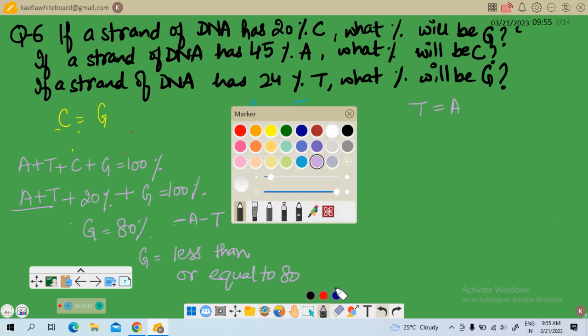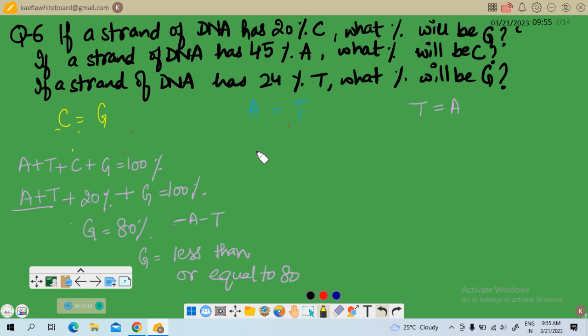Similarly here, A is T, so A plus T plus C plus G is equal to 100. So they are saying A is 45, right? So 45% is A. We don't know about T, C, G. Here they are asking about C. So T plus C plus G is equal to 100 minus 45, that comes out to be 55.